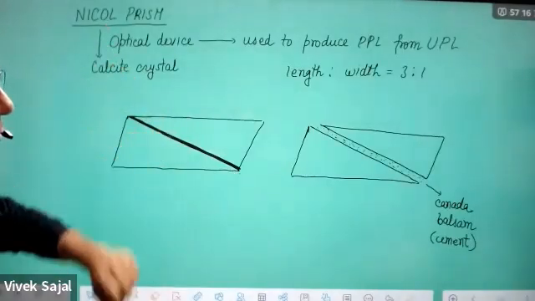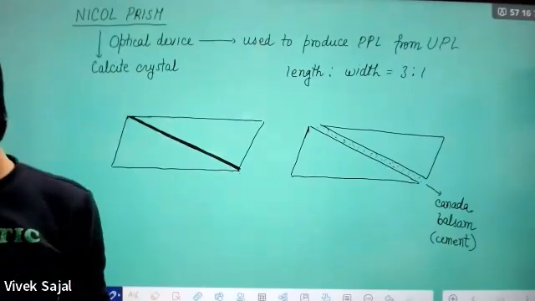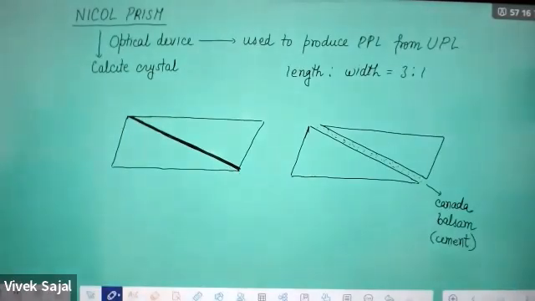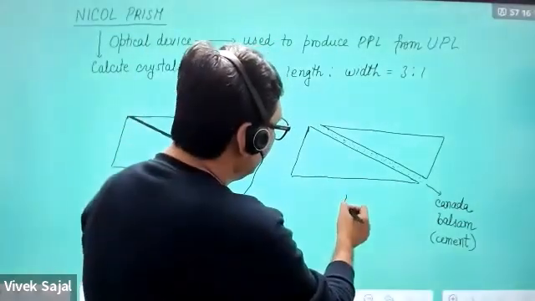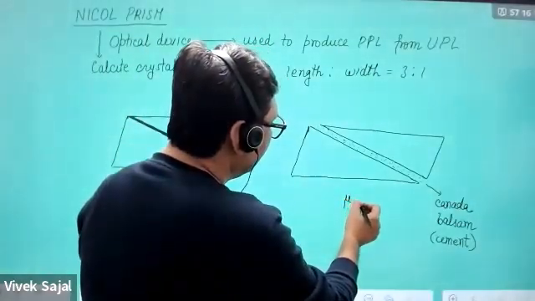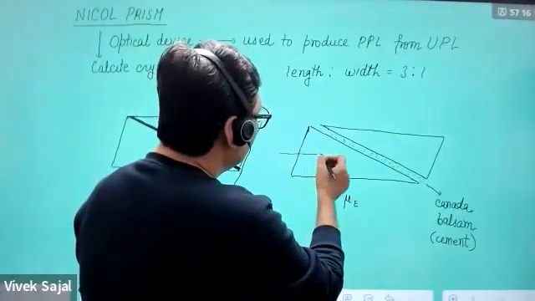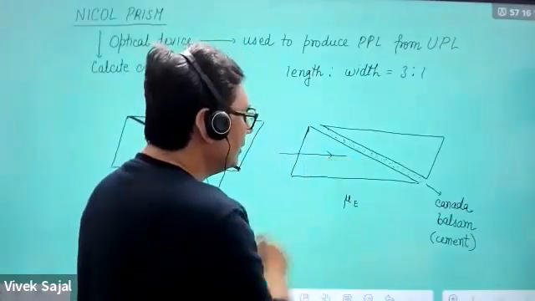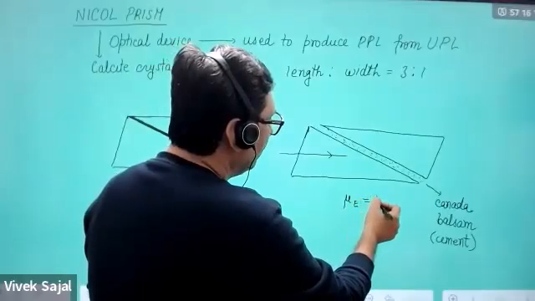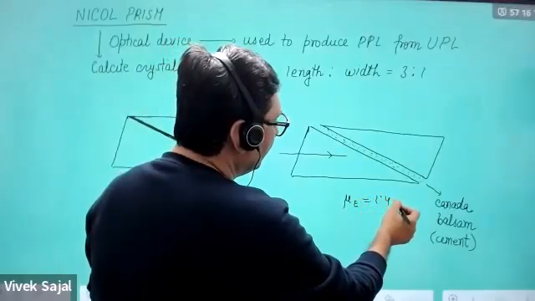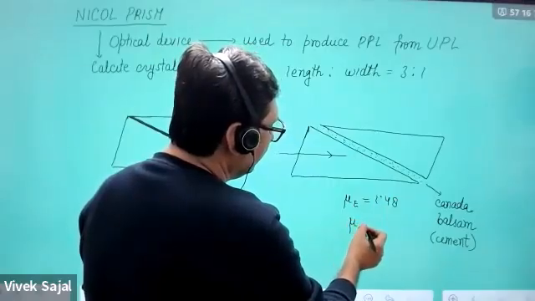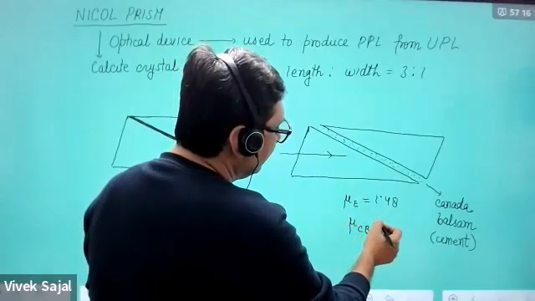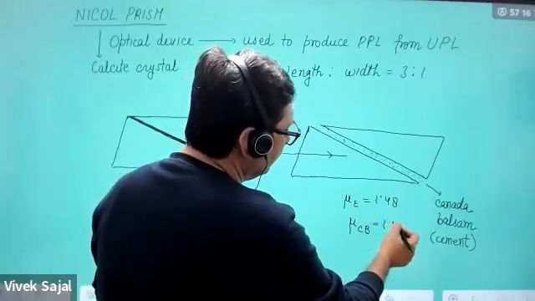How it works, I'm going to tell you. First try to understand the refractive index. The refractive index of extraordinary light in this direction, I'm talking about this direction roughly, is 1.48. For Canada balsam, this is I think 1.52.